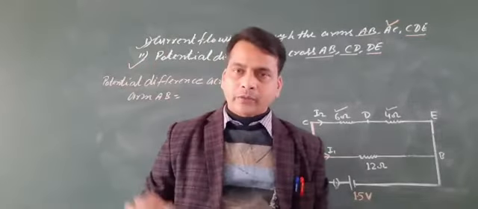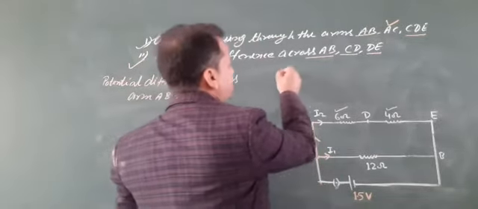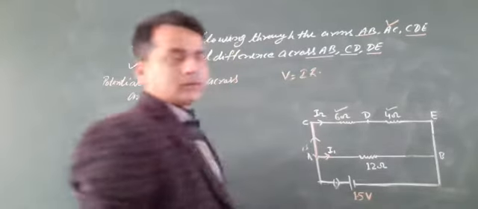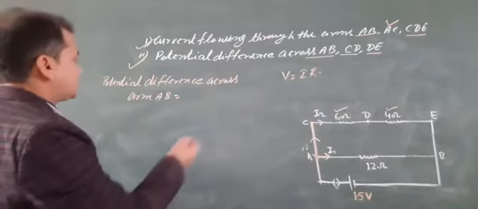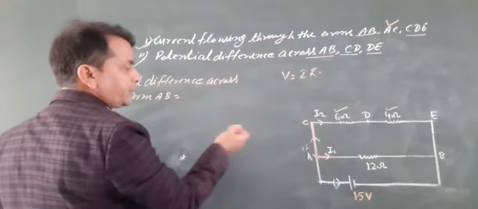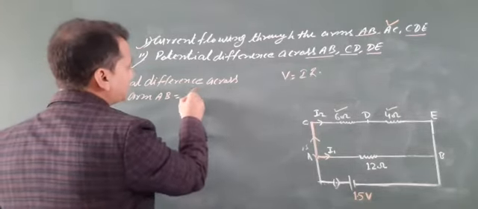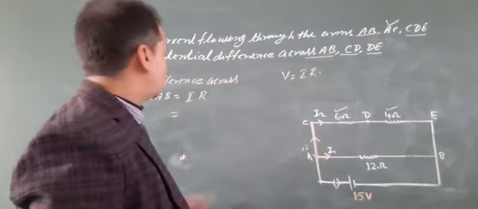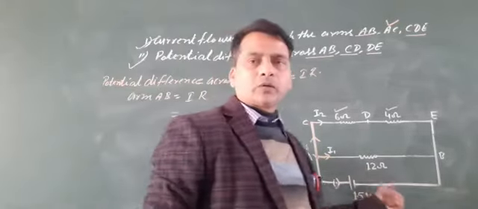According to Ohm's law, we know that potential difference is the same as I into R. So here the potential difference across AB is I into R. The value of the resistor is 12 ohms.